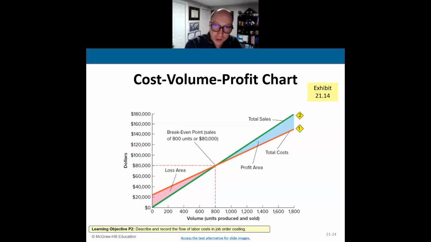The point of equilibrium in this case is where your total sales equal your total costs. The amount that I sold equals the amount of my total costs. I broke even. I didn't make a profit and I didn't make a loss. So that's how we find it graphically.